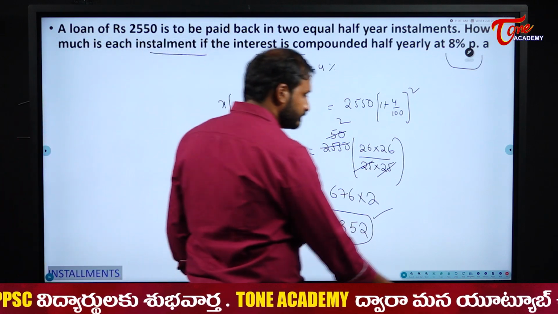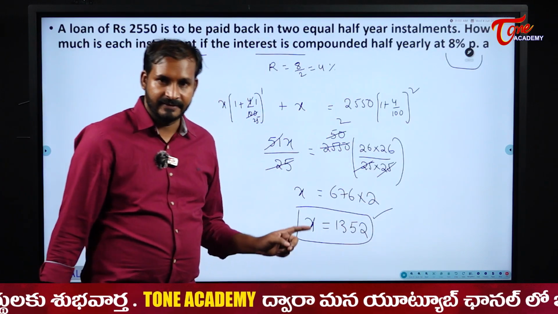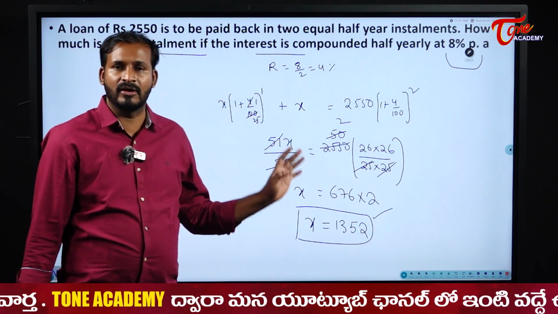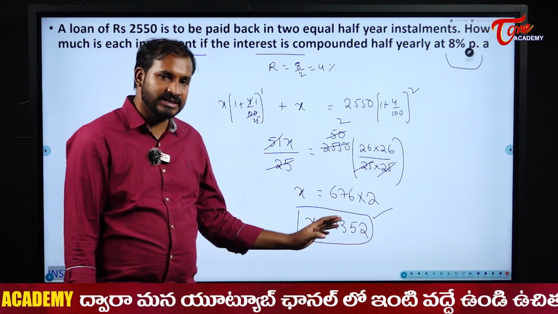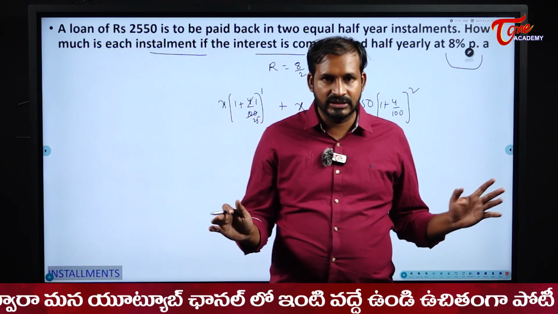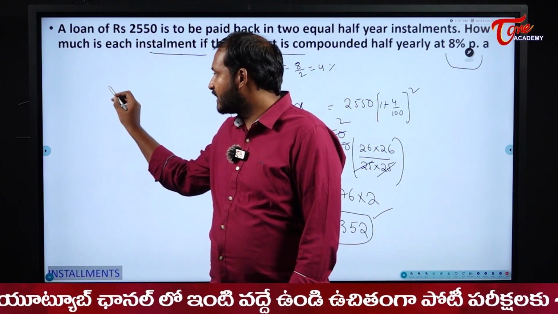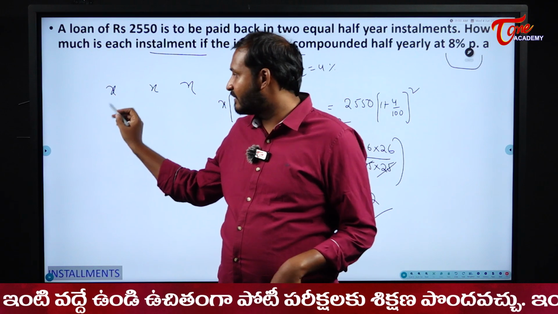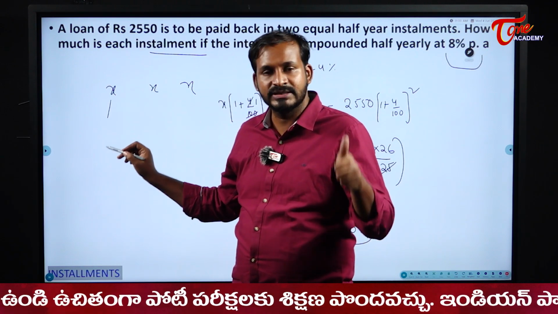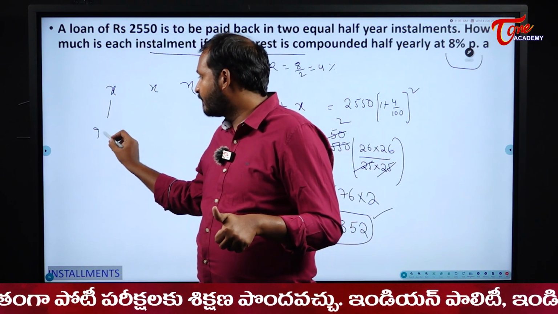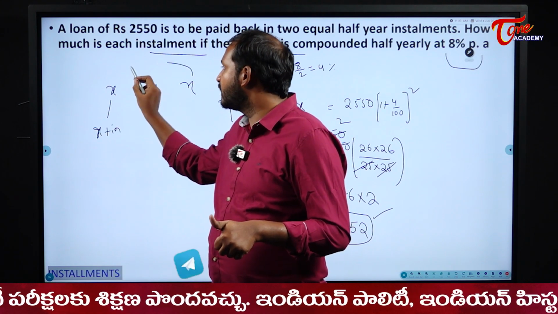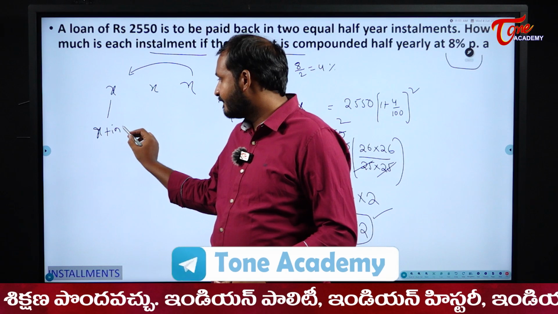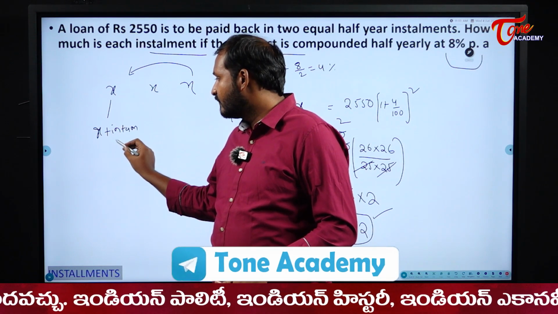See here students, sometimes the rate of interest will be varied. In that case also we apply the same logic and the installment concept remains the same. That means when you are paying x rupees for 3 time period installments, the basic logic, remember this one, that is very, very important: x plus interest on x for 2 years.